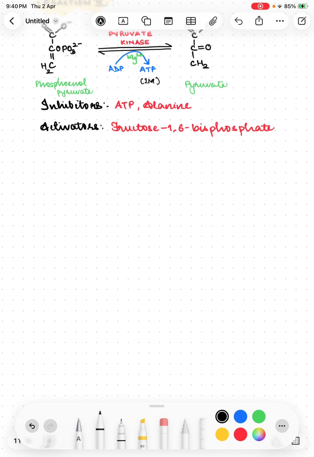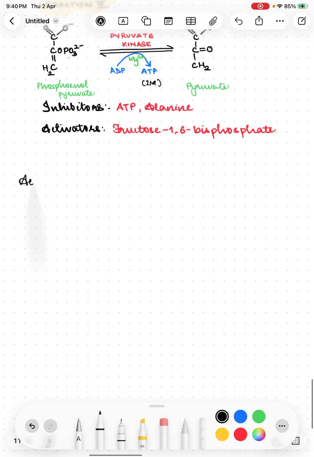Now, further, during the aerobic reaction, this pyruvate will enter the TCA cycle, which will then enter the ETC, and energy is synthesized.